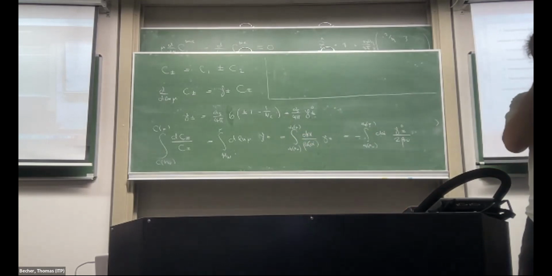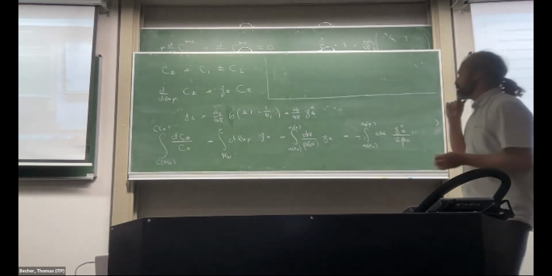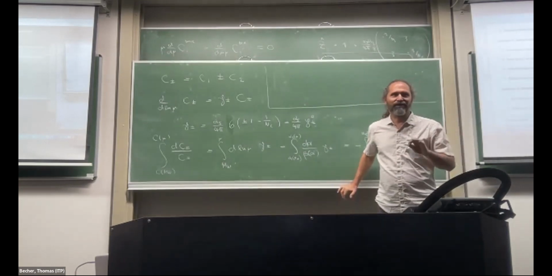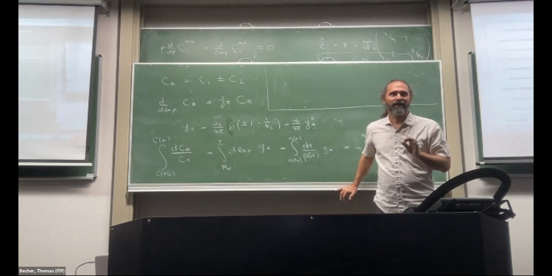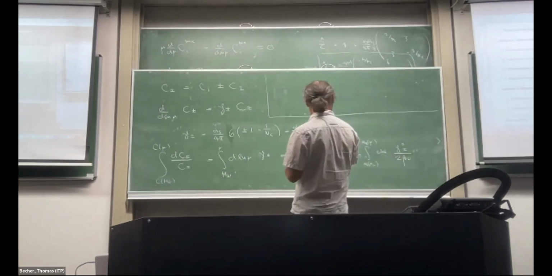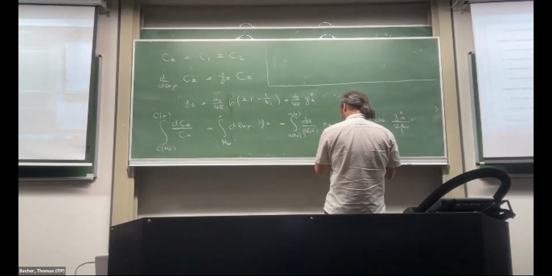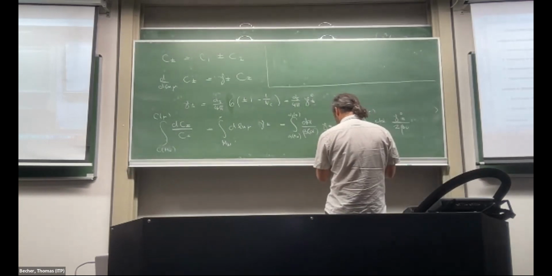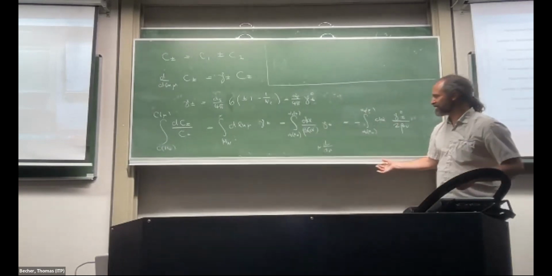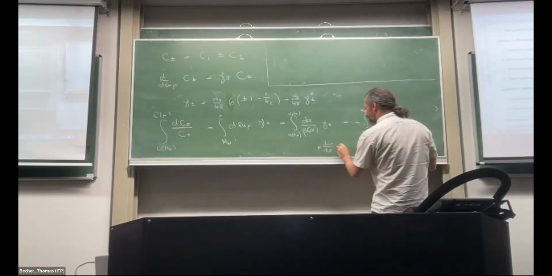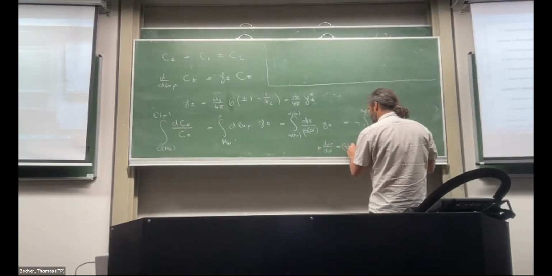How did you find how to expand the beta function? This is from the textbook with my conventions. Often it's written like this: d alpha s d mu times mu is equal to beta of alpha s.